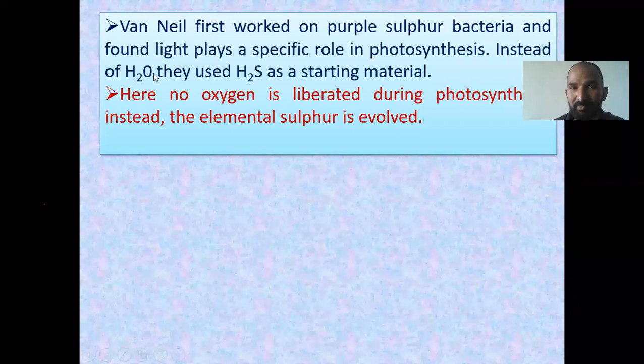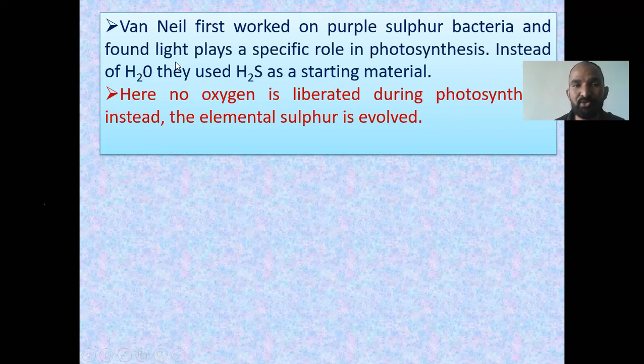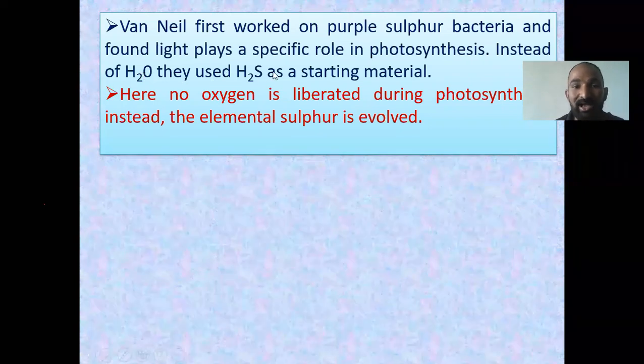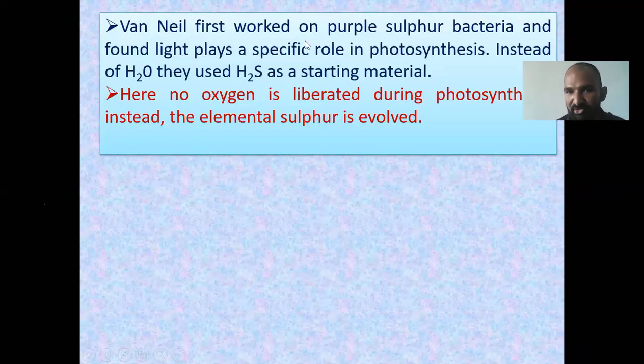But here, the scientist Van Niel did not give water to the bacteria. Instead of water molecules, he used hydrogen sulfide as the starting material. Commonly, CO2 is received by the bacteria and water is also received by the bacteria, and this water is used in the process of photosynthesis to synthesize food material.